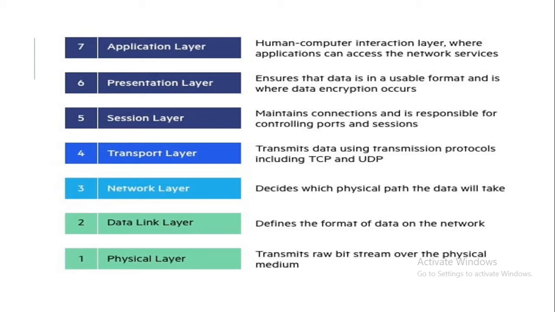The network layer decides which physical path the data will take to be delivered. The transport layer is responsible for transmitting the data using transmission protocols, which are obviously TCP and UDP. That maintains connections and is responsible for controlling hosts and sessions.